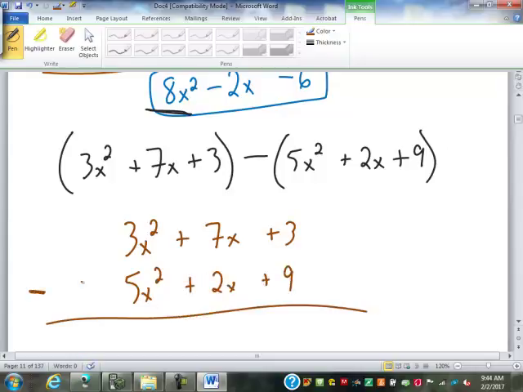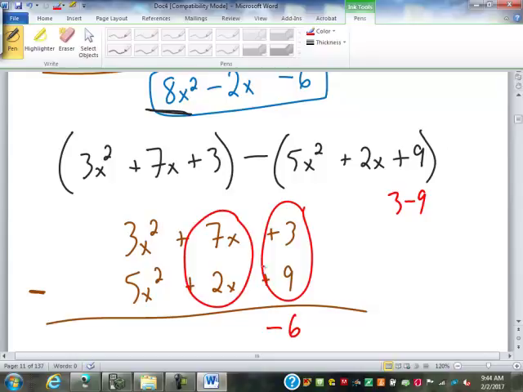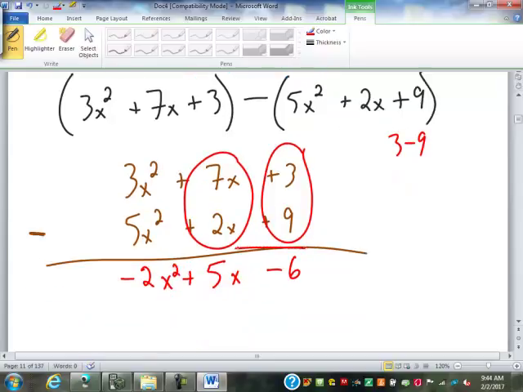And we are now subtracting down the columns. So here we have 3 minus 9. Negative 6. Very good. 7x minus 2x, 5x. It's a positive, so I'm going to put a plus in front of it. 3x squared minus 5x squared. What's 3 minus 5? Negative 2x squared. So we get negative 2x squared plus 5x minus 6.